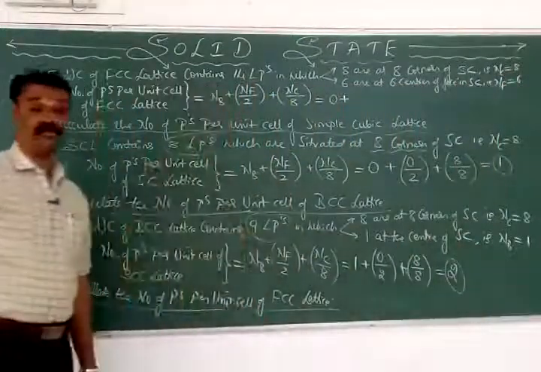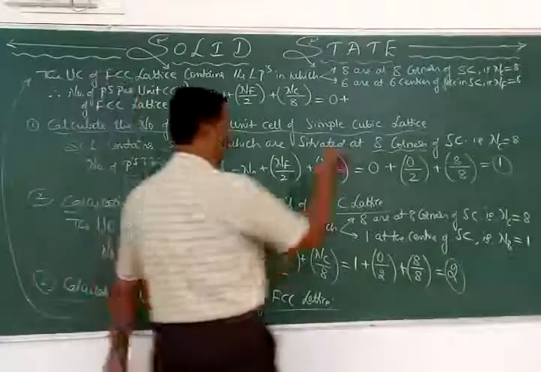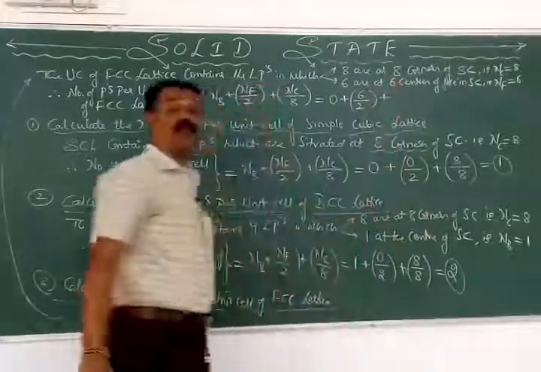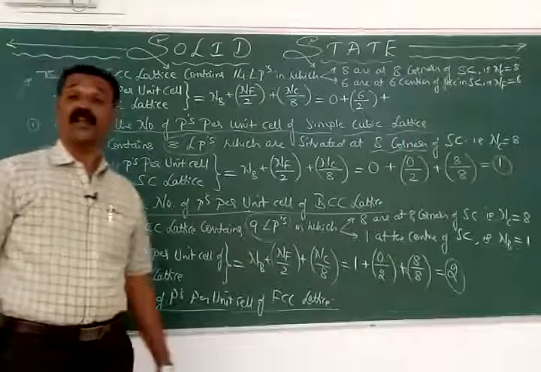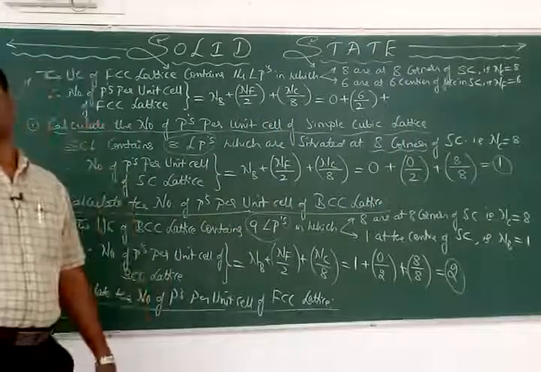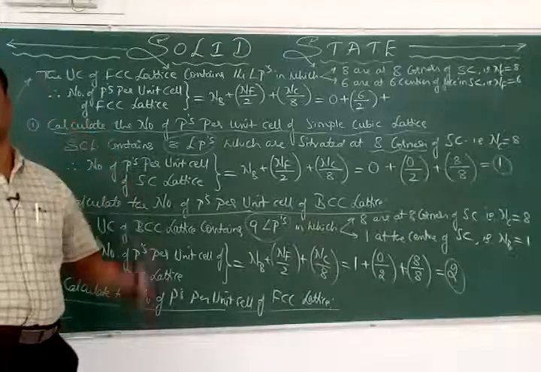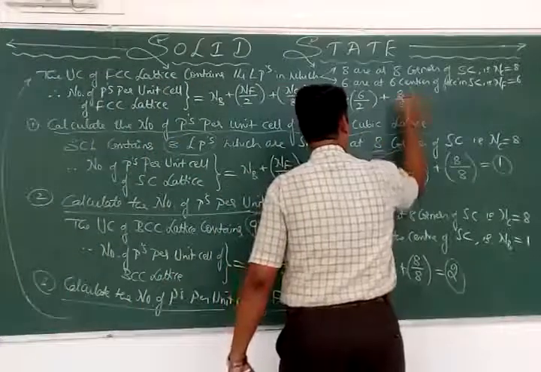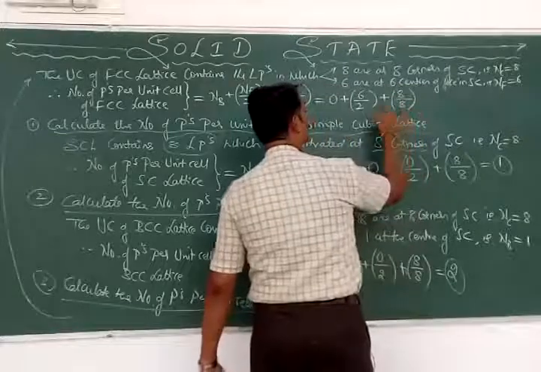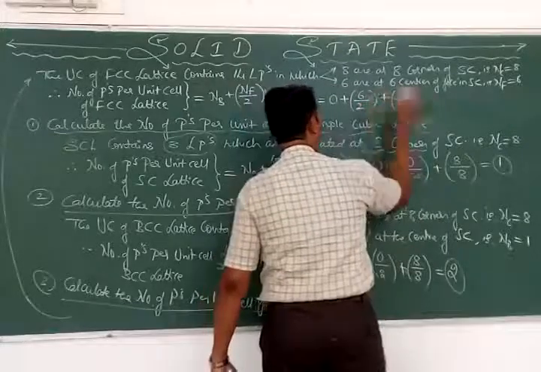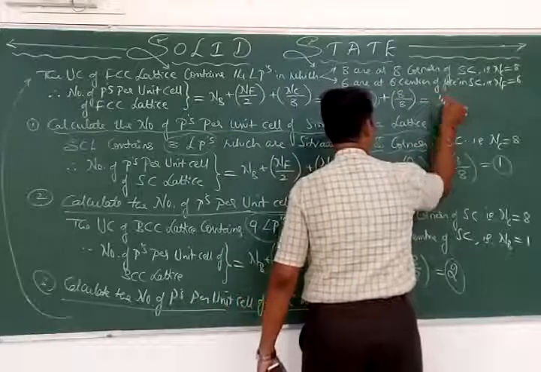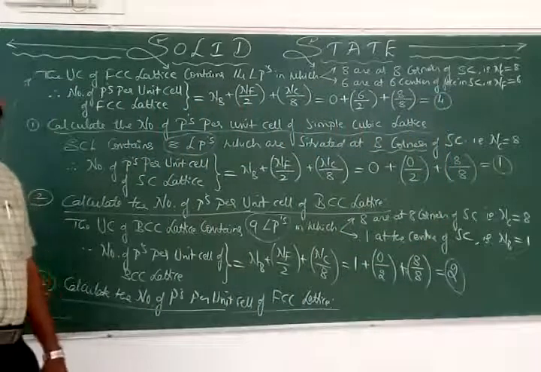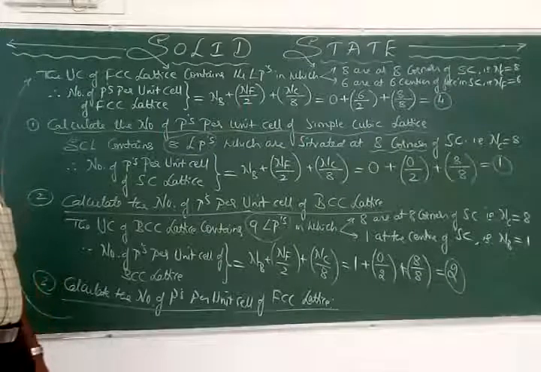Therefore, NF is 6, so it is 6 divided by 2, plus NC, the number of corner particles, which is 8. Therefore, it is 8 divided by 8. So this is 1, and 6 by 2 is 3. Therefore, it is 3 plus 1, that is equal to 4 here. So what is 4 here? It is the number of particles per unit cell of the FCC lattice.